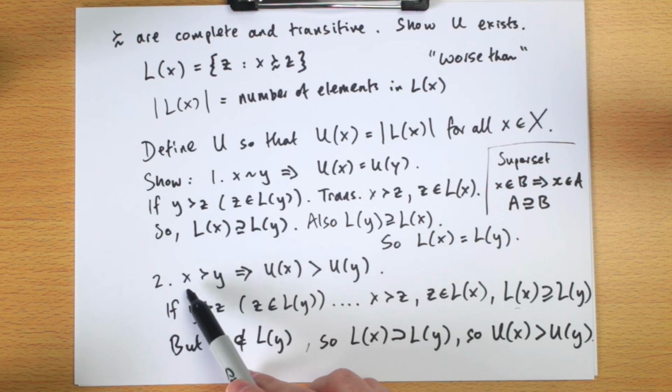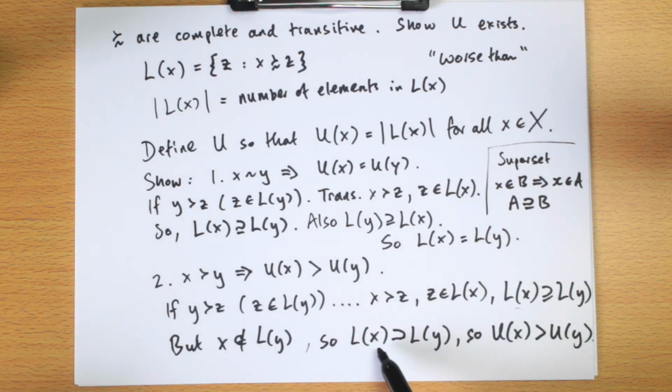We also know that x does not belong to the lower preference set for y, and so the lower preference set for x is strictly bigger than the lower preference set for y. So there's a very simple way of proving that utility functions exist for complete and transitive preferences. You simply count the number of elements that are worse than any outcome and call that number the utility of that outcome.